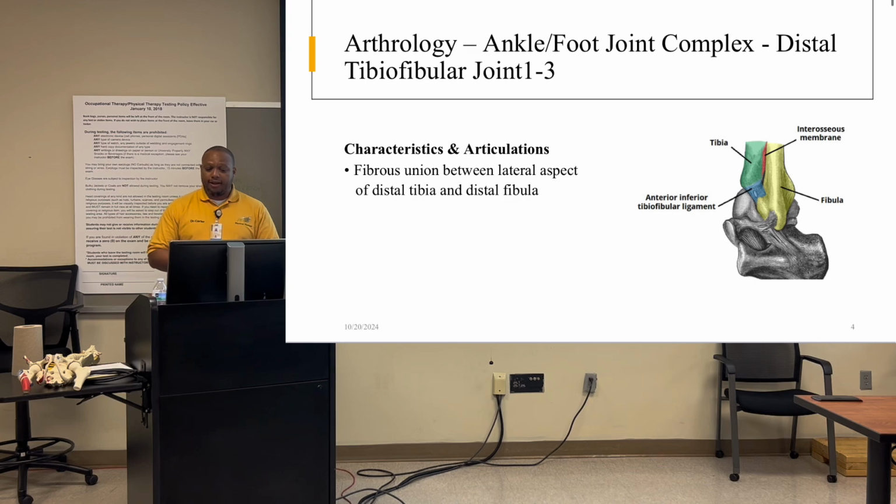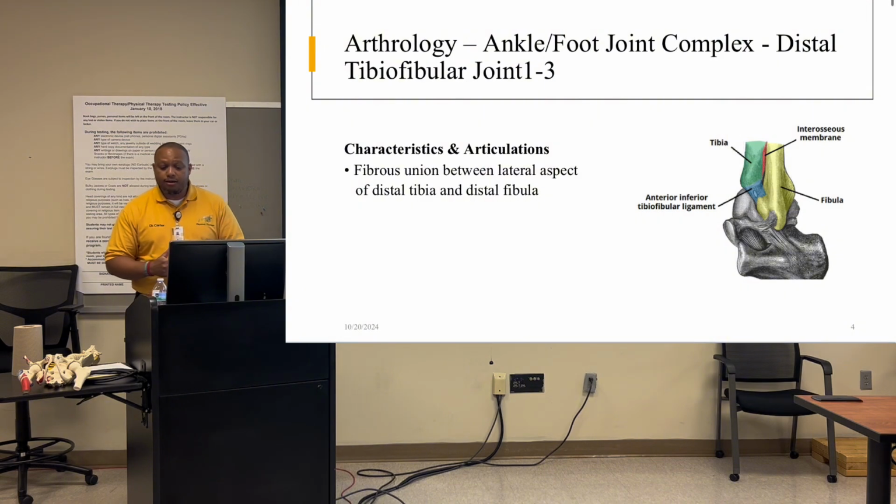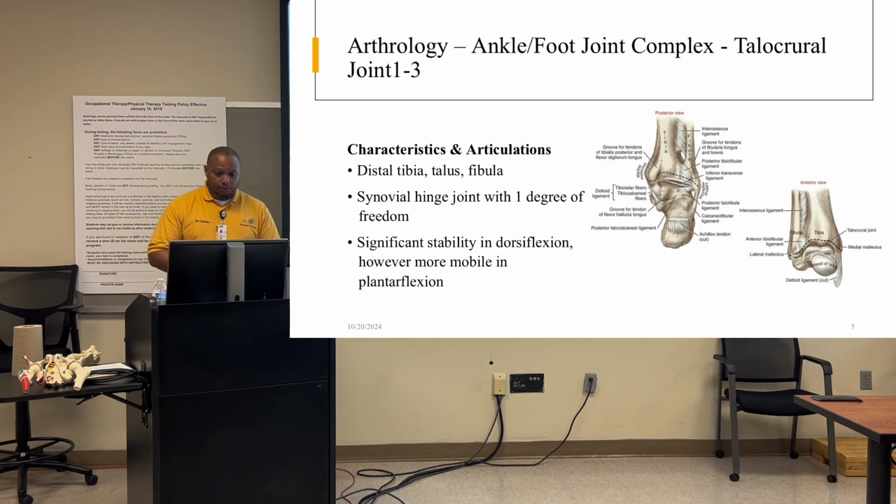So when we talk about that fibrous union of the tibia and fibula, we're talking about the interosseous membrane and also the anterior inferior tibiofibular ligament joining those two bones.